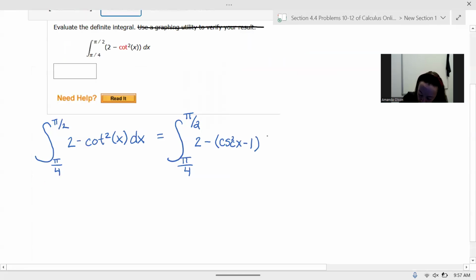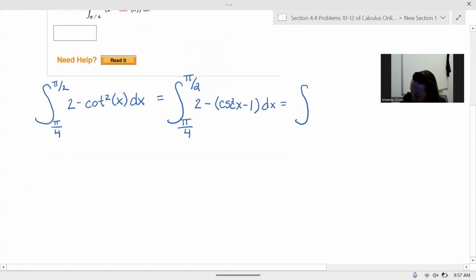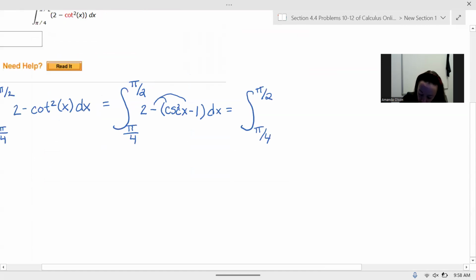So let's go ahead and simplify this a little bit here. We can distribute this negative and combine like terms. Again, I'm not changing my bounds because I haven't changed my variable and I haven't applied the antiderivative.